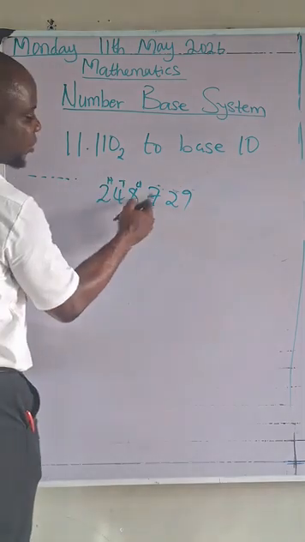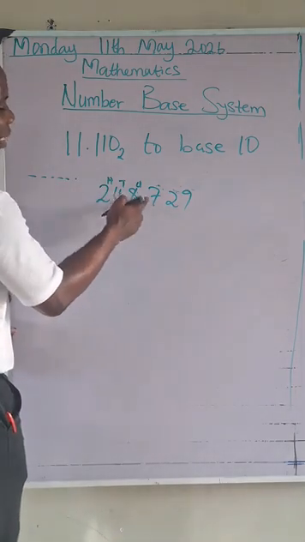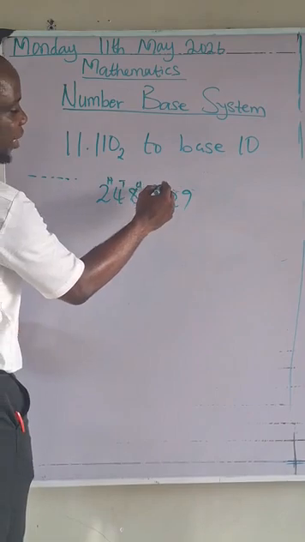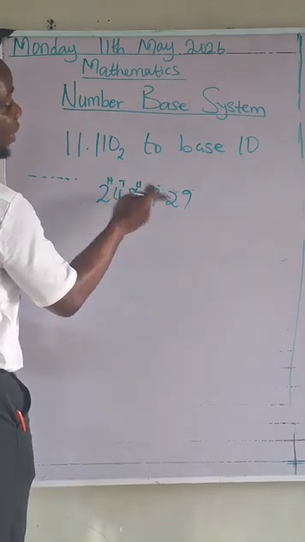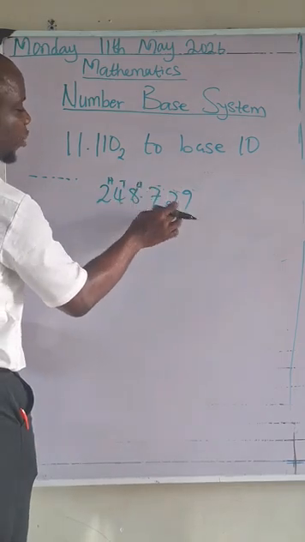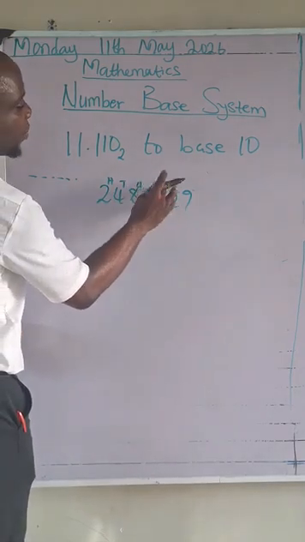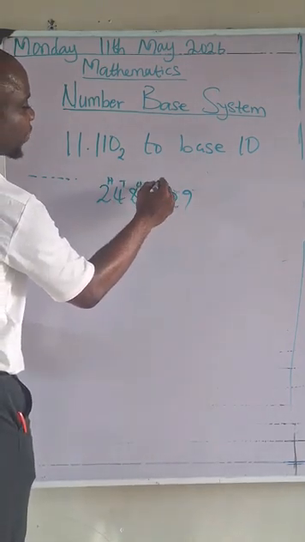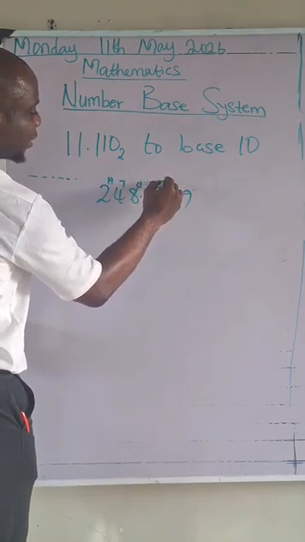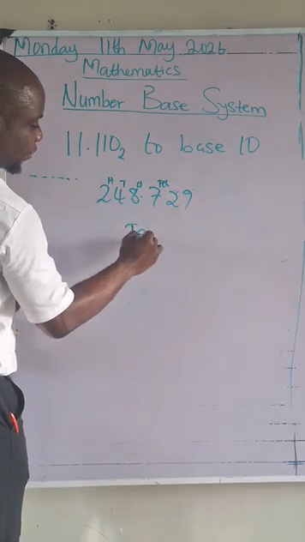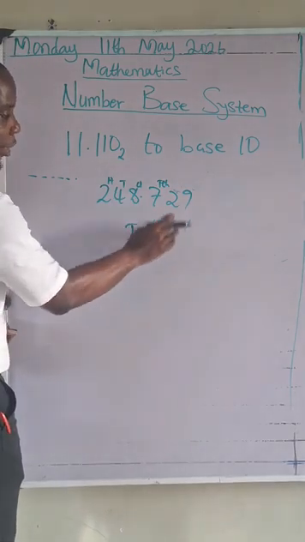Now, from the decimal point, any number that comes after the decimal point becomes what? Any number behind the decimal point becomes, from here, tenths. That means the tenth you have here.